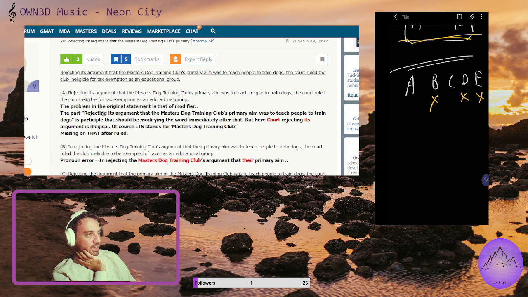The problem in the original statement is that of a modifier. "Rejecting its argument was to teach people to train dogs" is a participle. That should be modifying the word immediately after that. But here, "court rejecting its argument" is illogical.